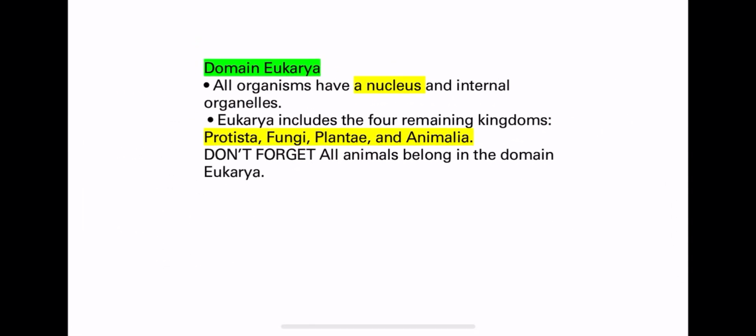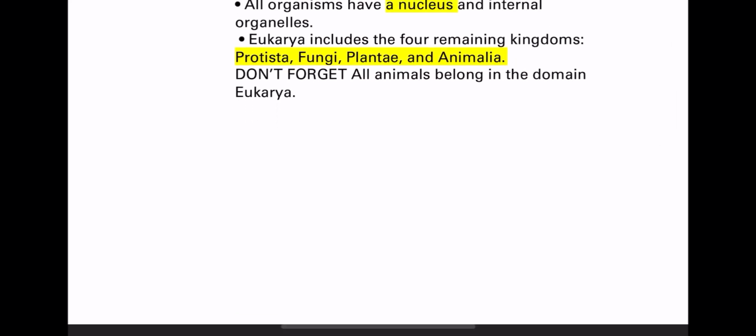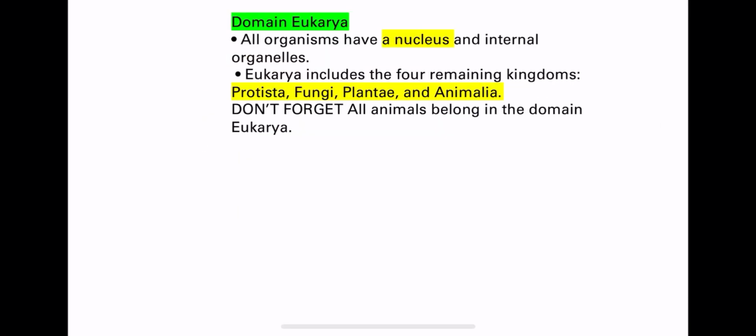Domain eukarya: all organisms have nuclei. They are eukaryotes, with nuclei and membrane-bound organelles. Eukarya is a domain that has the four main kingdoms: Protista, kingdom Fungi, kingdom Plantae, and kingdom Animalia.